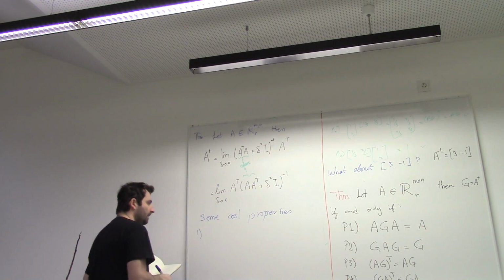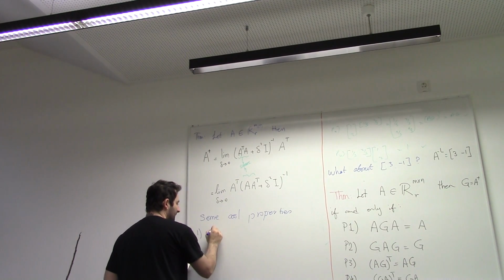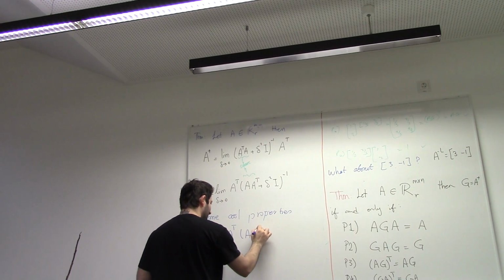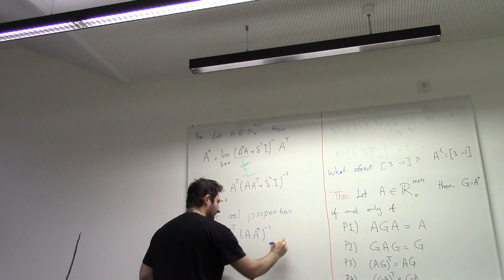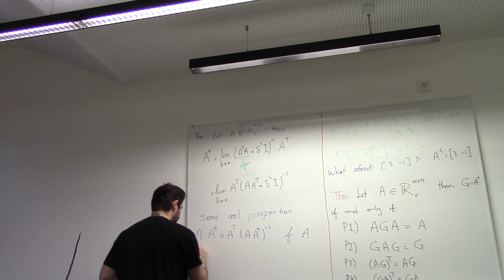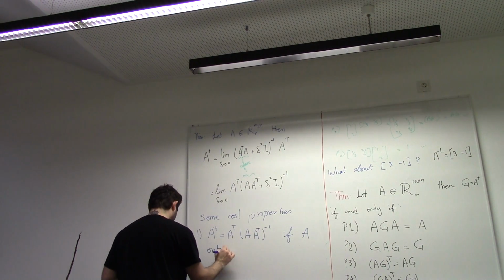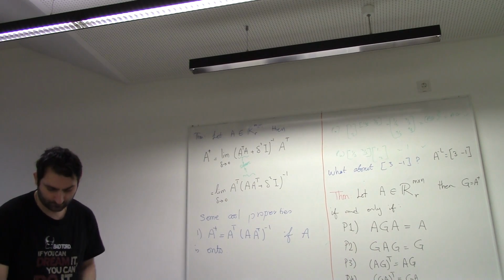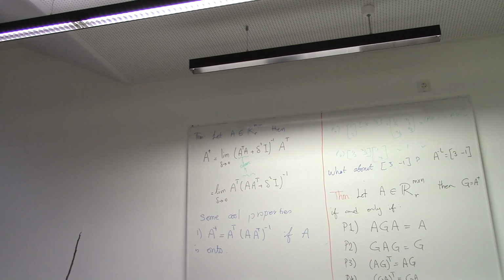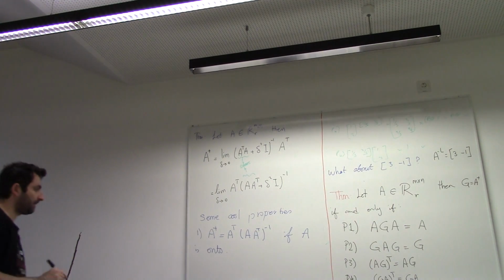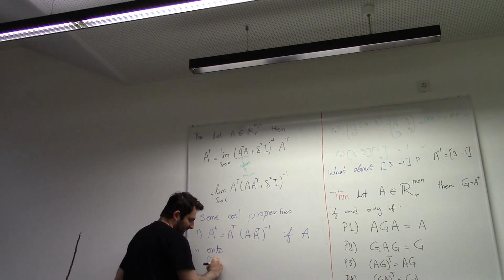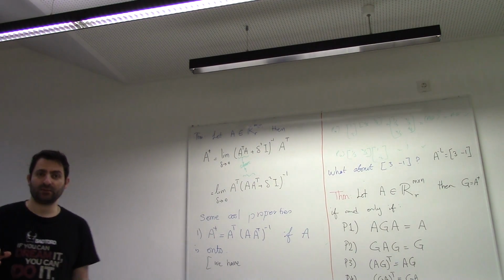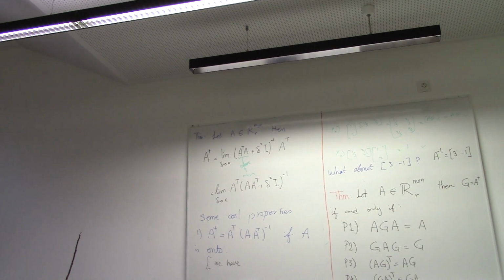Property 1. A plus is A transpose multiplied by A transpose inverse if A is onto. What does it mean? Do you remember what it means by onto also?